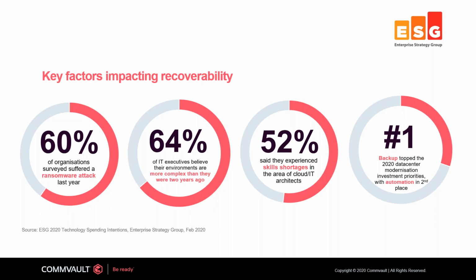And 52% see a skills shortage purely because of that complexity and the direction the systems are going. And the fourth one is that number one on the modernization priorities list is backup, with automation in second place. Backup is really about recovery, but automation is crucial within that recovery landscape. And as I say, that is very central in the discussion we're having today around DR preparedness and recovery.